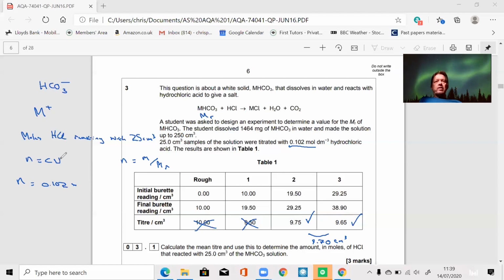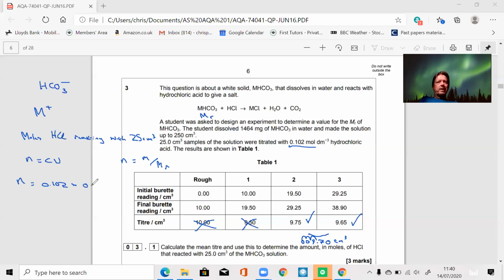But this volume needs to be in decimeters cubed, not centimeters cubed. So we need to divide it by 1,000, which means we move the decimal point three places. That gives us 2 zeros.